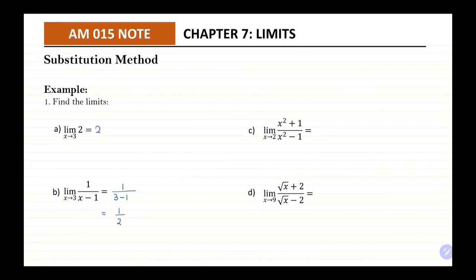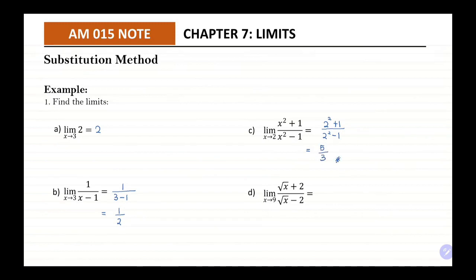Okay, C, we have limit x approach 2 of x square plus 1 divided by x square minus 1. So we substitute x equals 2, so we get 2 square plus 1 over 2 square minus 1. Then we solve, we get 4 plus 1, 5. 4 minus 1, 3. So 5 over 3.